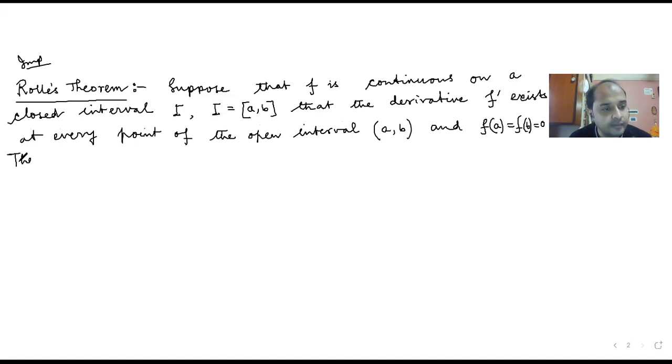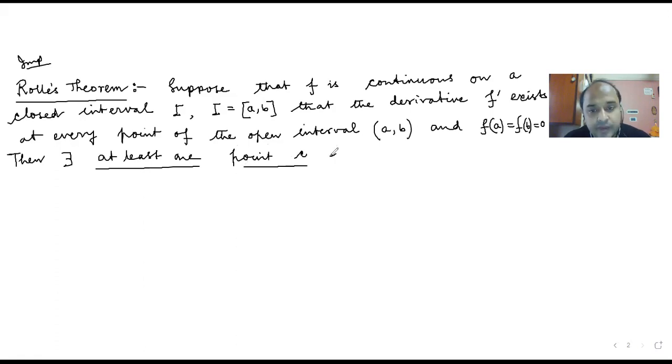Then there exists at least one point c in (a, b) such that f dash c is equal to 0. That is the statement of Rolle's theorem.